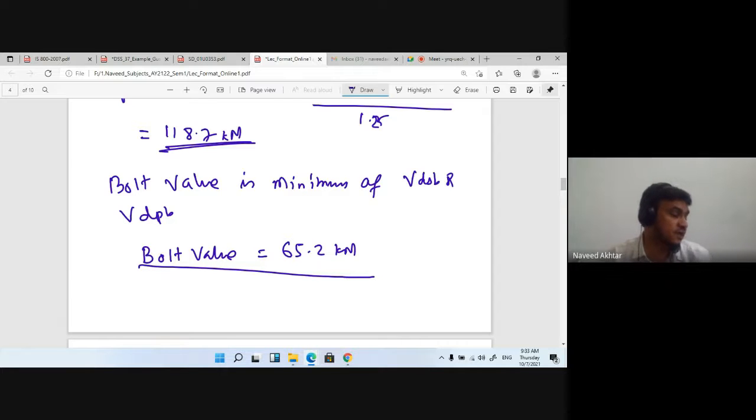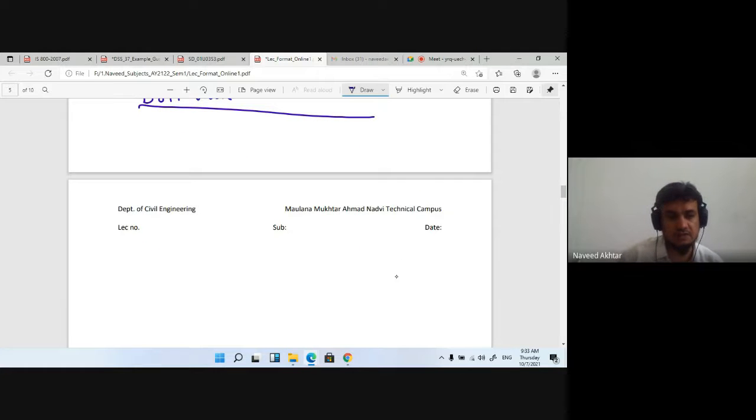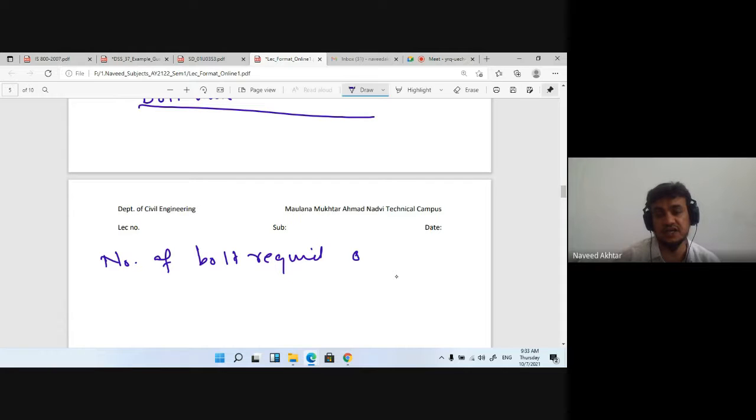Now easily you can understand and find the number of bolts required. Two flanges are there.